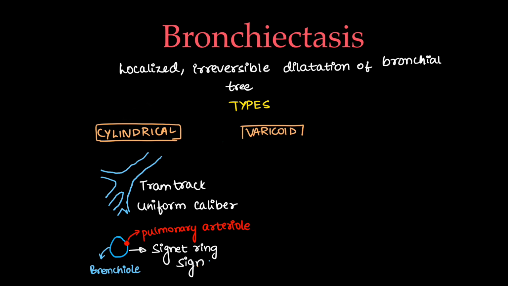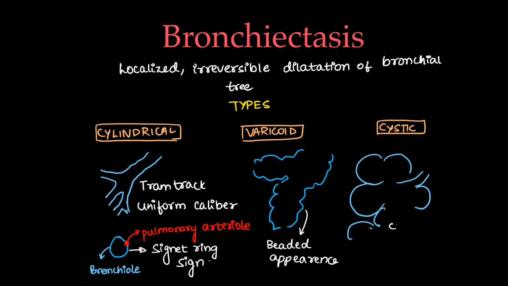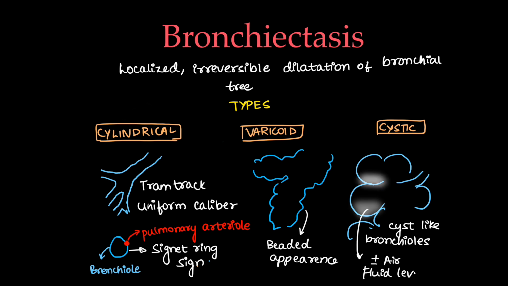Next type we have is varicoid or varicose type of bronchiectasis, where there will be a beaded appearance of the airways. Next is cystic bronchiectasis, where there are cystic dilated spaces of the dilated bronchioles which may or may not show air fluid levels when there is persistent infection within them.